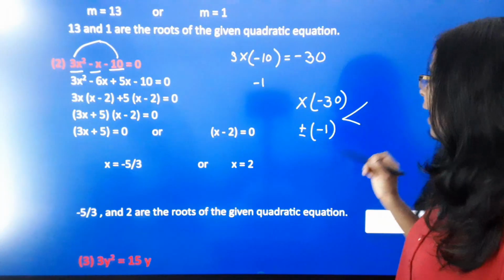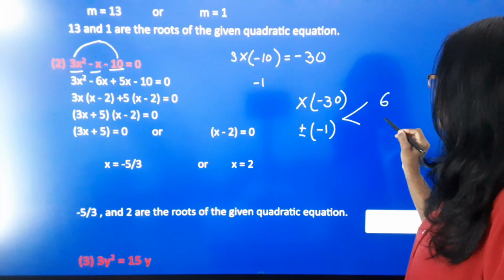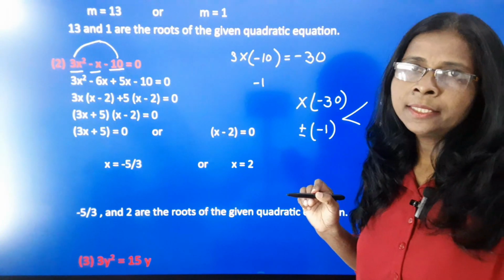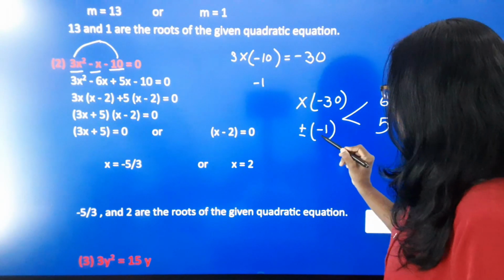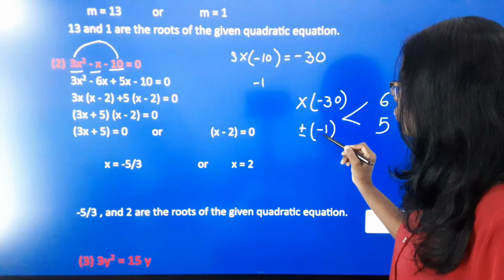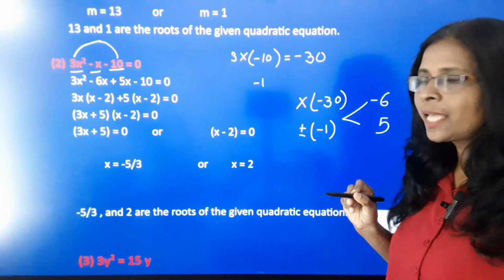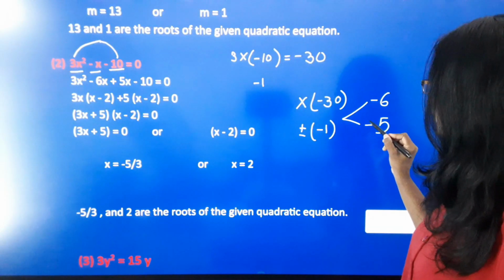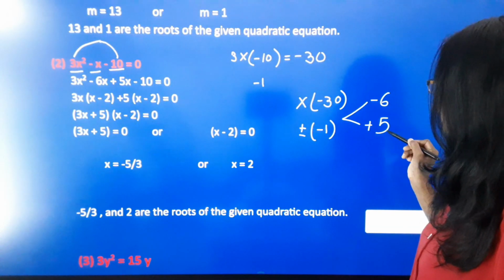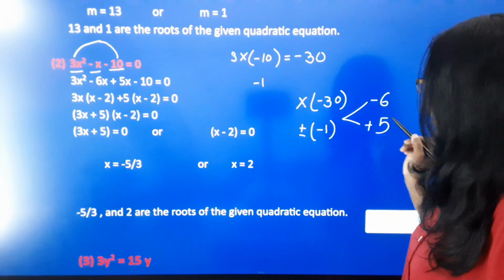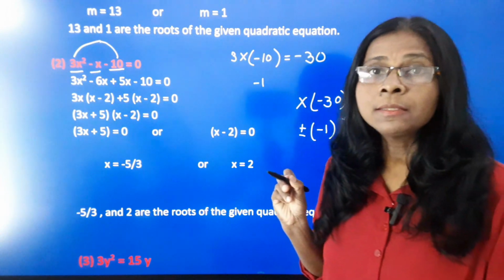These two numbers are 6 and 5, since 6 times 5 is 30. Now what about their sign? The sum should be minus 1, so take the bigger number with the minus sign and the smaller with the positive sign. So minus 6 plus 5 is equal to minus 1, and minus 6 multiplied by 5 is equal to minus 30.